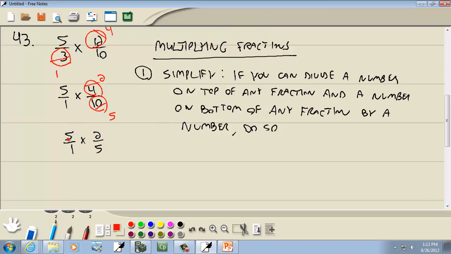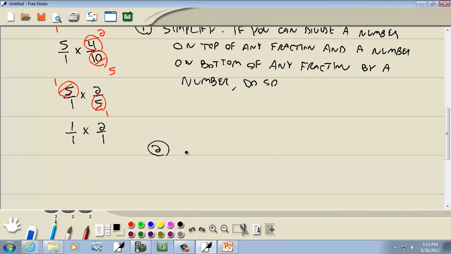And we have 5 here, 5 here. These are both divisible by 5. 5 divided by 5 is 1. 5 divided by 5 is 1 here. And this is what we're left with. So our second step is to multiply the tops, and multiply the bottoms.